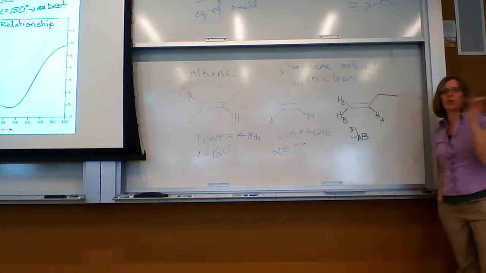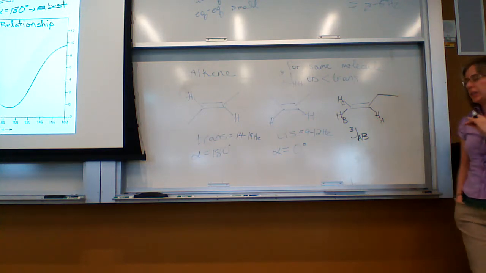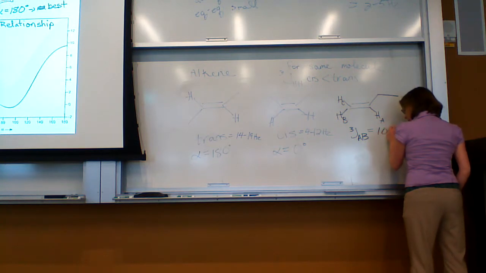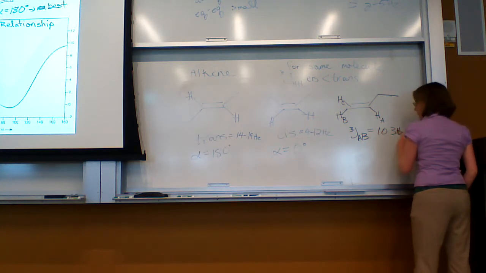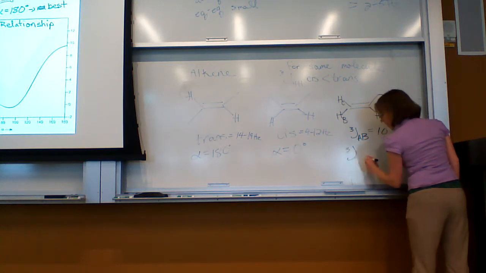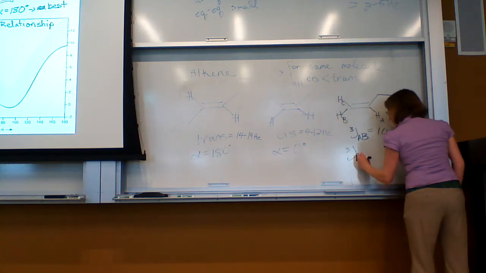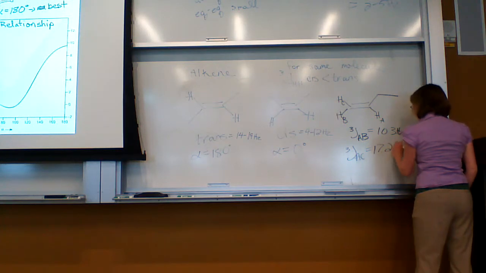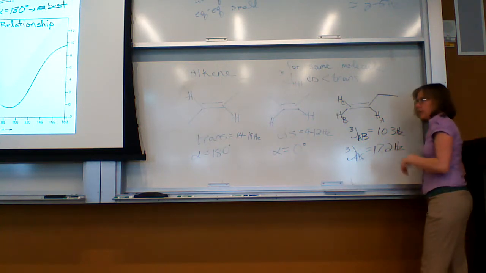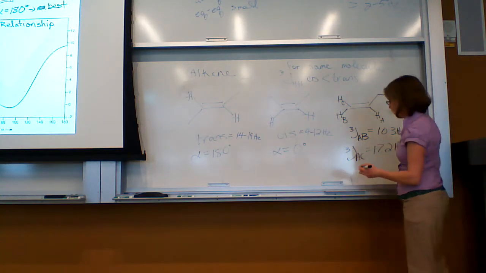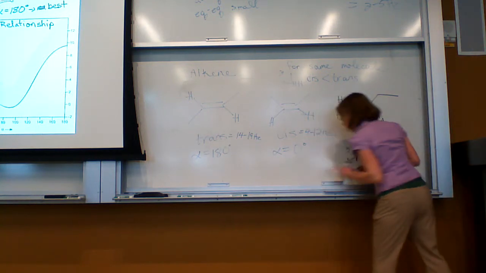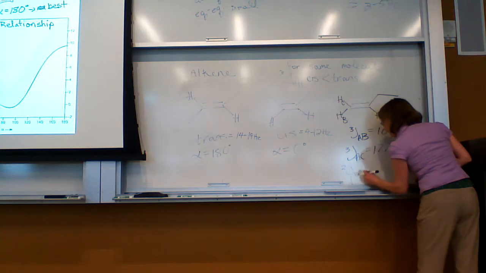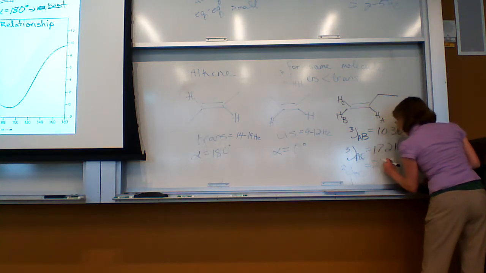So it's the coupling between proton A and proton B. This has the coupling of 10.3 hertz. Our J3 AC is going to be 17.2 hertz. And since we were just talking about the geminal coupling, our J2 coupling between B and C is going to be 2 hertz.